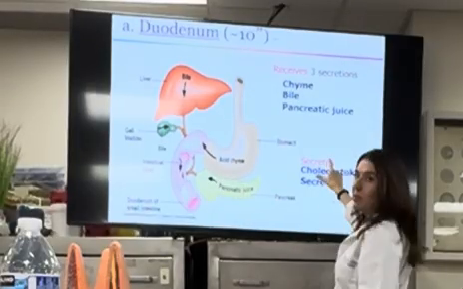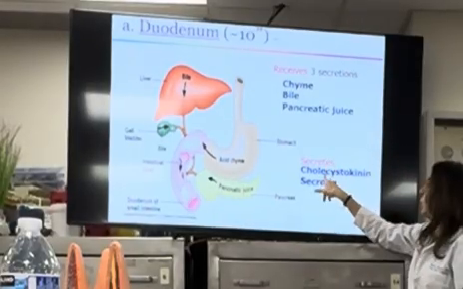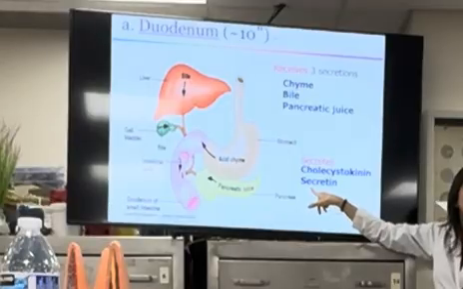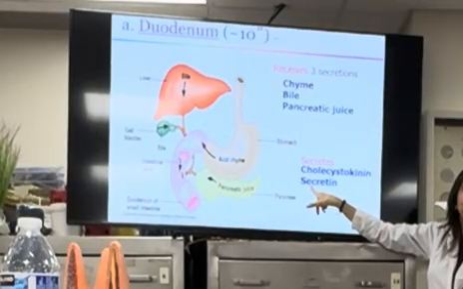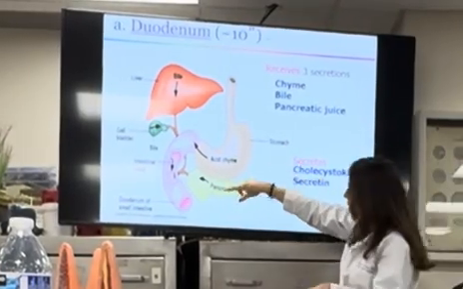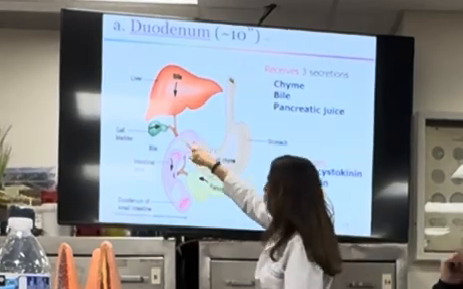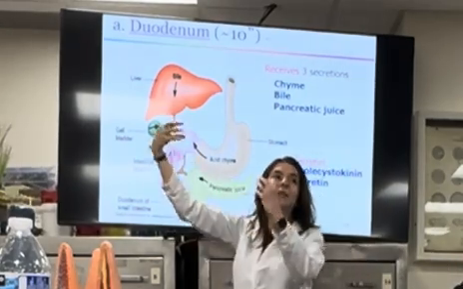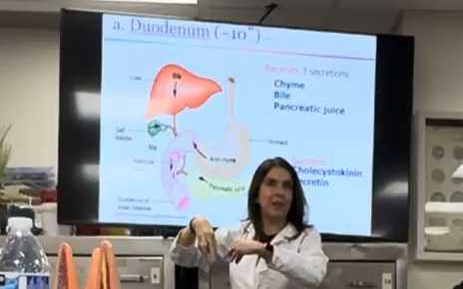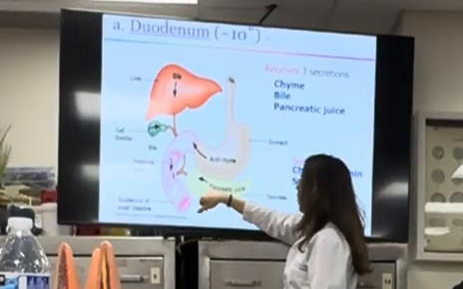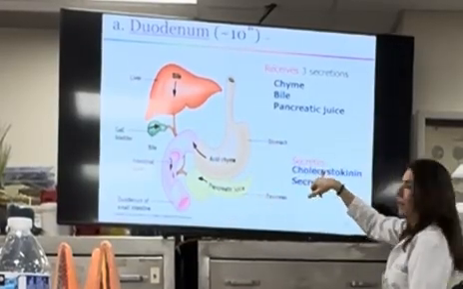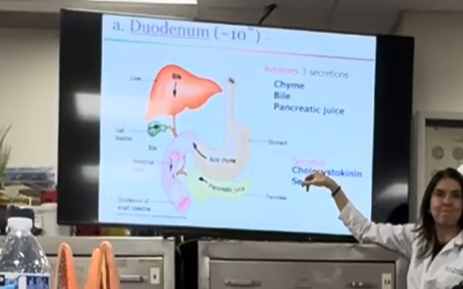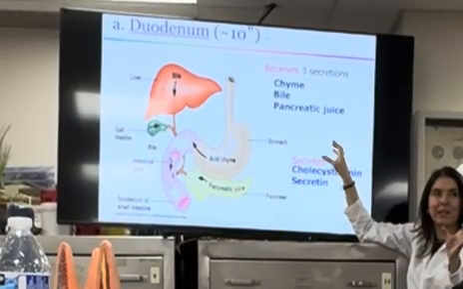The duodenum itself secretes cholecystokinin and secretin. What's the function of secretin? Secretin tells the pancreas and the gallbladder that it's time to release their secretions. And what is the function of cholecystokinin? Let's break it into pieces.